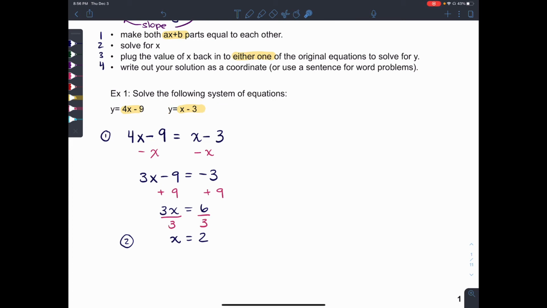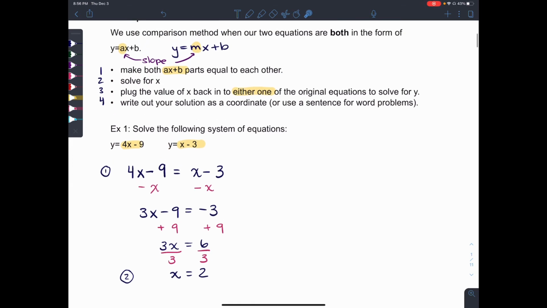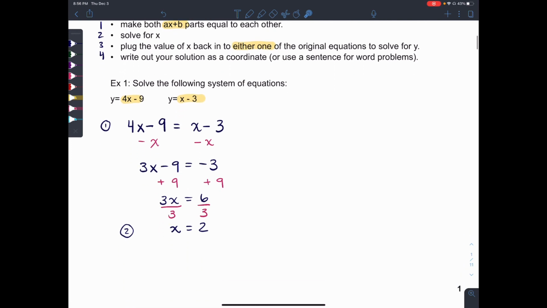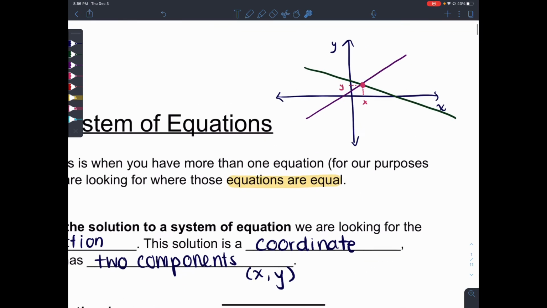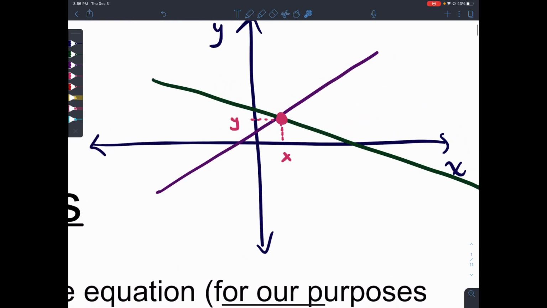The reason why both of these work, and I'll go back up to our picture, is, well, first of all, when we made these two things equal to each other, we found that we get an x value of 2, which means if I go back to this picture here and zoom in, if we imagine that these are the two lines that we're currently finding the intersection point of, this x value would be 2.